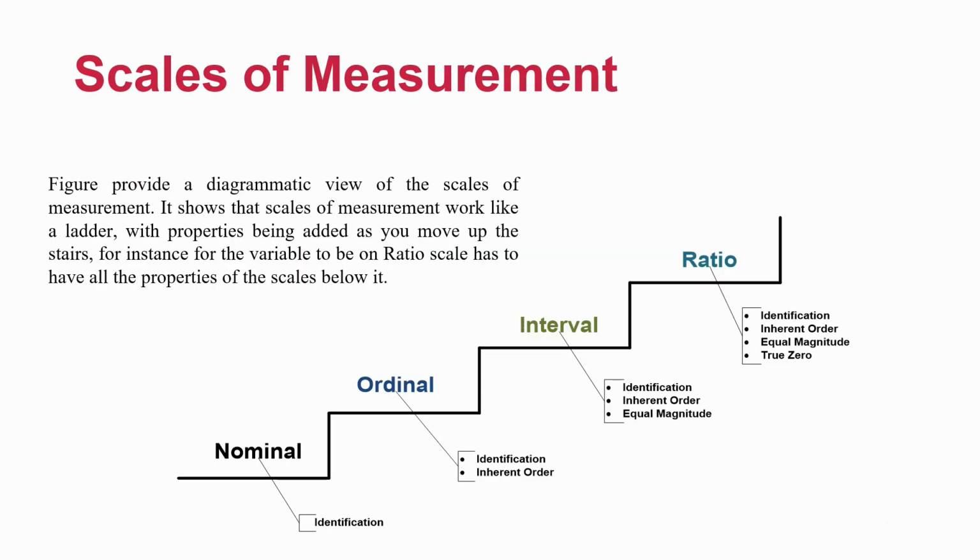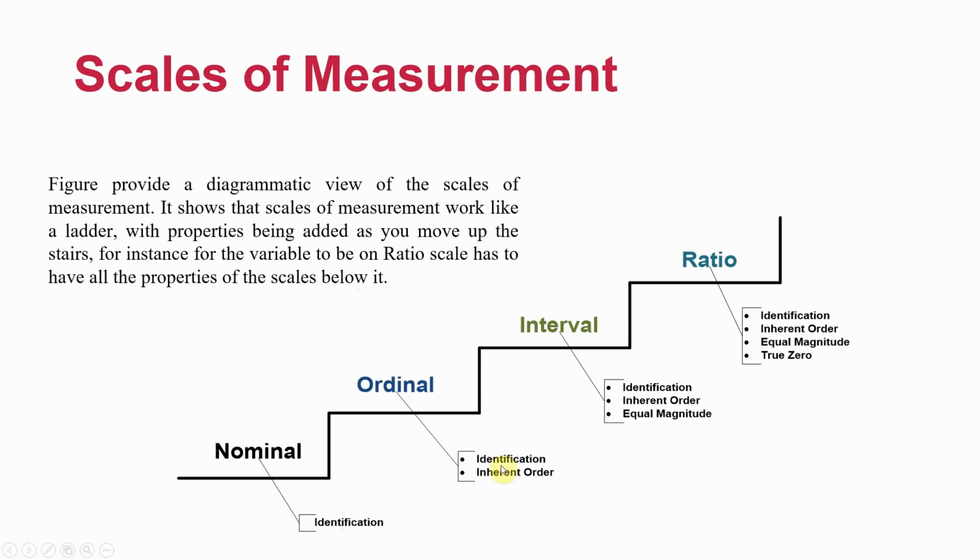So this is the diagrammatic view of the scales of measurement. It shows that the scales of measurement work like a ladder, with properties being added as you move up the stairs. For instance, for a variable to be on ratio scale, it has to have all the properties of the scales below it. Nominal scale has one property, identification.